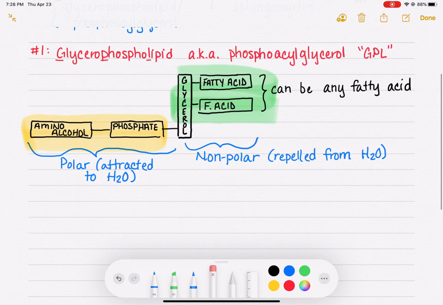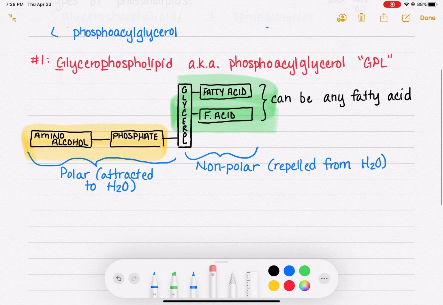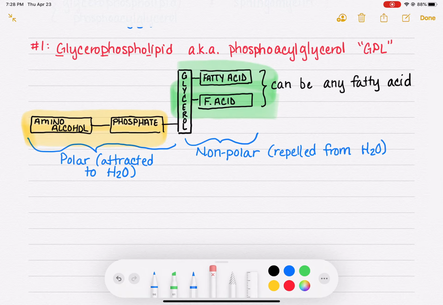So as I said, or I think maybe I didn't say this yet, there are actually 2 different types of glycerophospholipids based on the structure of the amino alcohol on the glycerol backbone chain. So there's 2 types of glycerophospholipids.